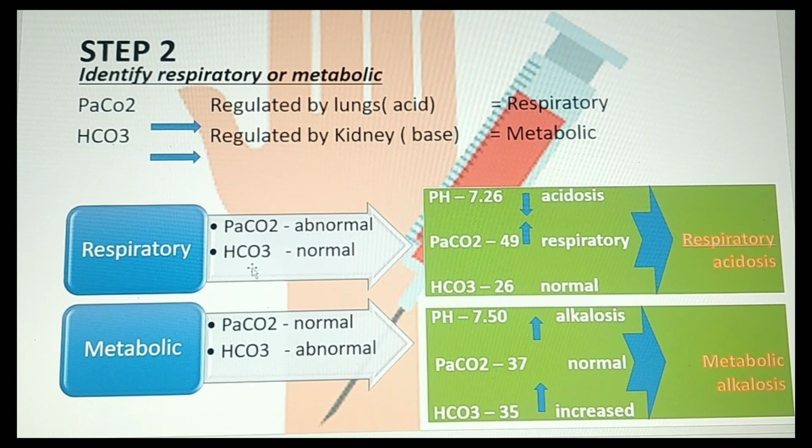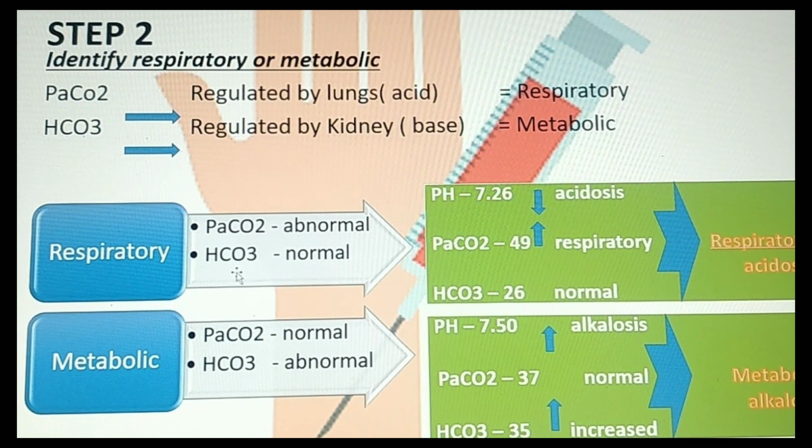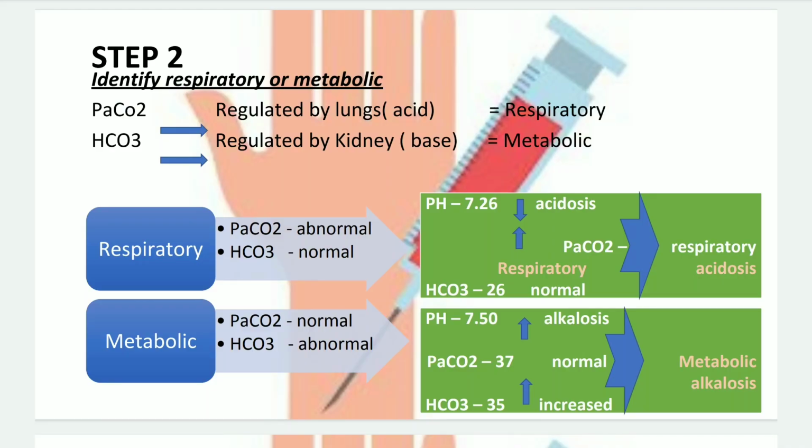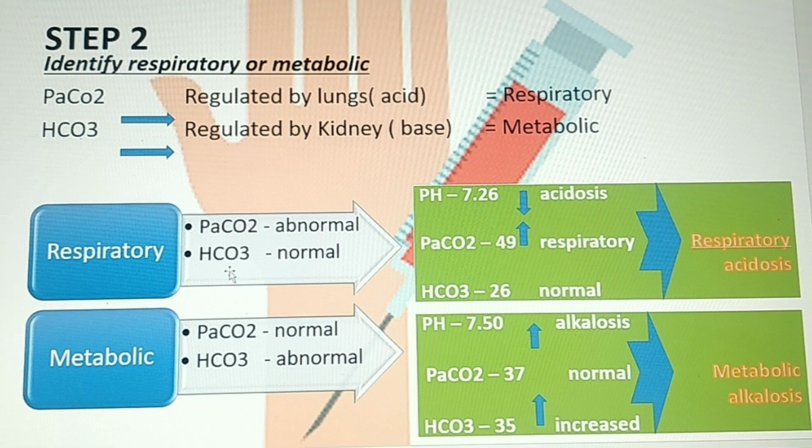Now step 2. We are going to identify whether it is respiratory or metabolic. Again reminding you, PaCO2, carbon dioxide, is regulated by lungs, and HCO3 or bicarbonate is regulated by your kidney. Now if your PaCO2 is abnormal while the bicarbonate is normal, then you have respiratory, because PaCO2 is regulated by lungs, so it is a respiratory condition.